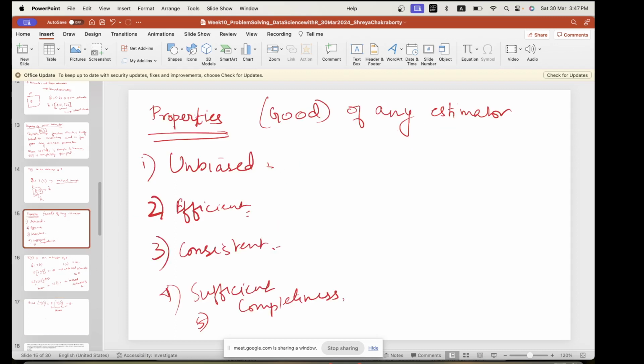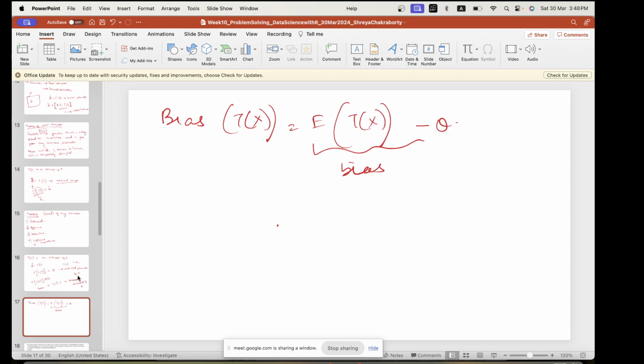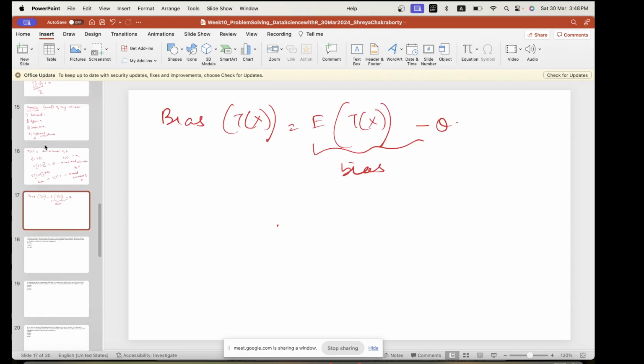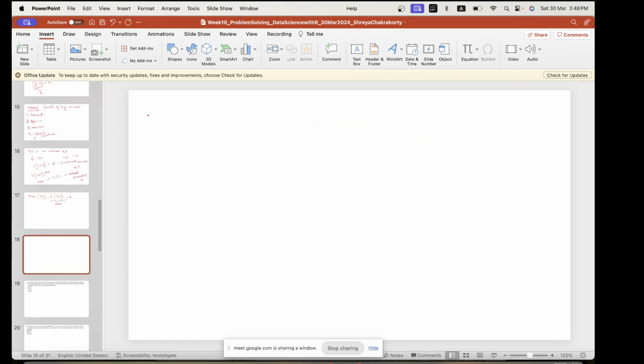The next thing that we want is efficiency. Now, how do we quantify efficiency?